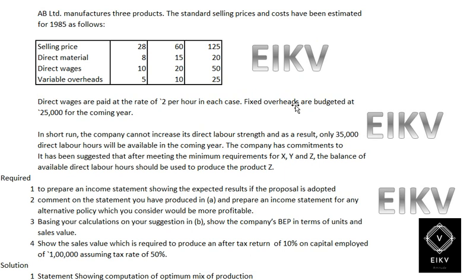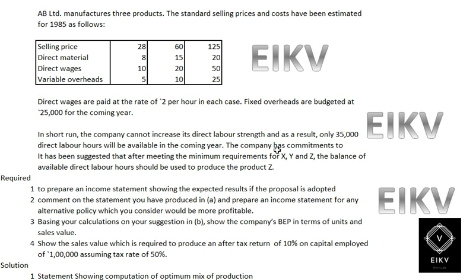Fixed overhead is budgeted at 25,000 for the coming year. In the short run, the company cannot increase the direct labor strength, and as a result, only 35,000 direct labor hours will be available in the coming year.